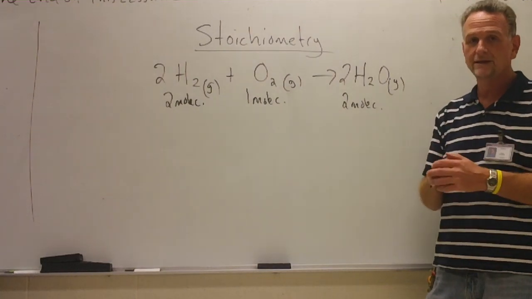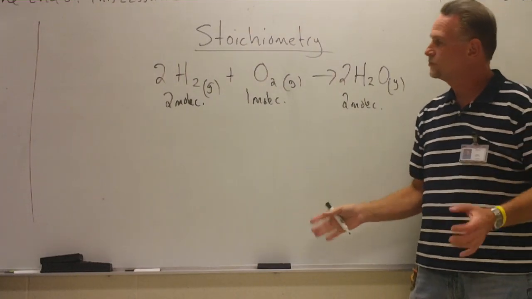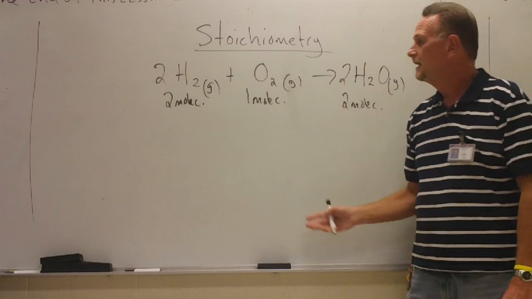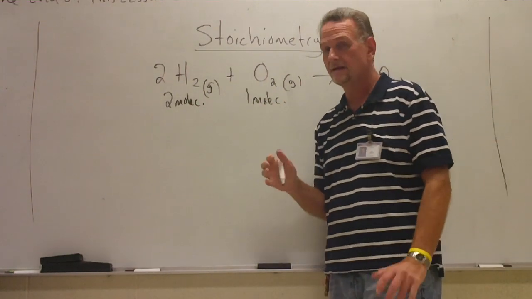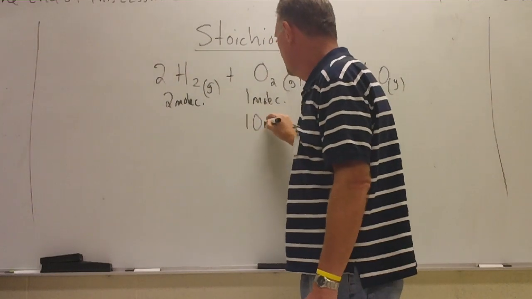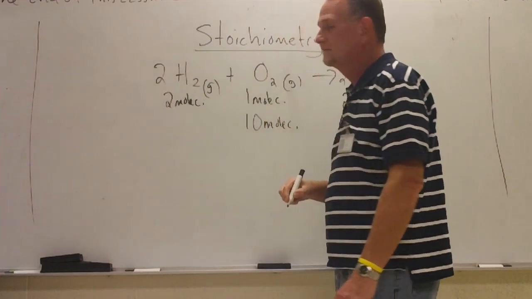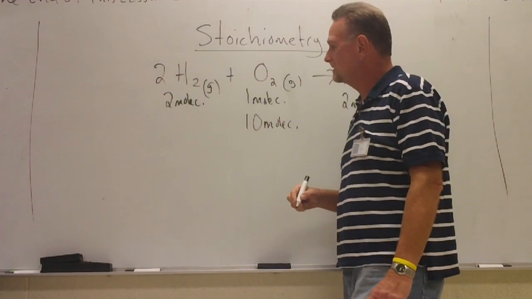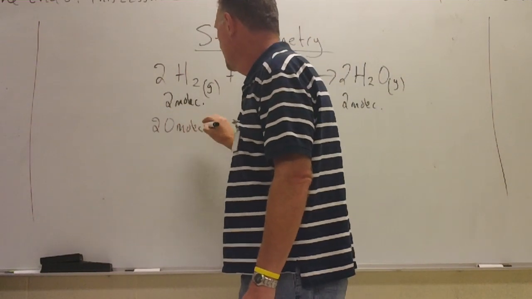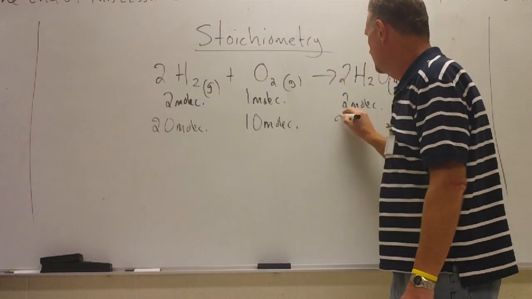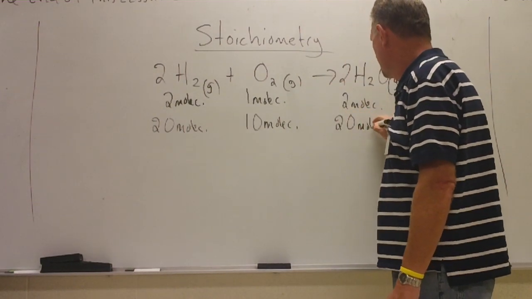So that's what this equation is telling us. This relationship should never change for this reaction, which means if all 10 molecules of oxygen react, it's going to require 20 molecules of hydrogen, and will produce 20 molecules of water.